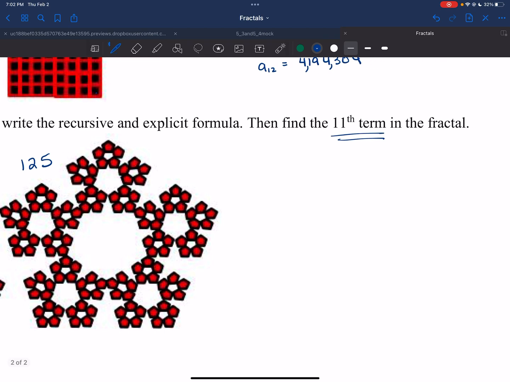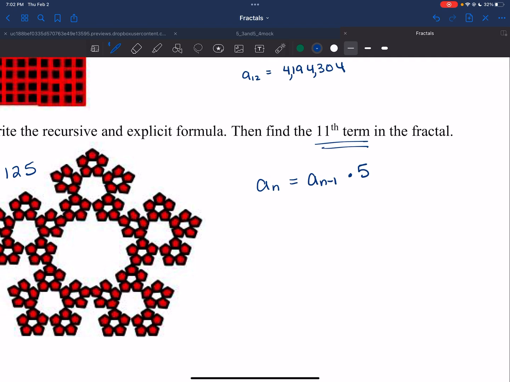So my recursive formula is a_n equals a_(n-1) times 5. My explicit formula is going to be a_n equals 1, which is my first term, times 5 to the n minus 1.